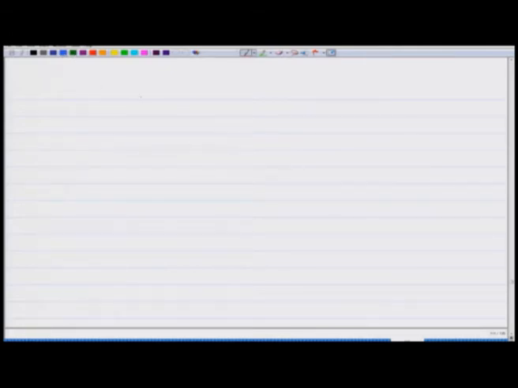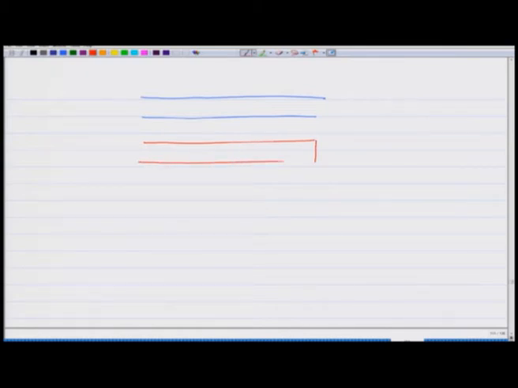I just want to remind you that when we took this open ended pipe or a pipe closed at one end, what we said was right at the end of the pipe delta P is 0.